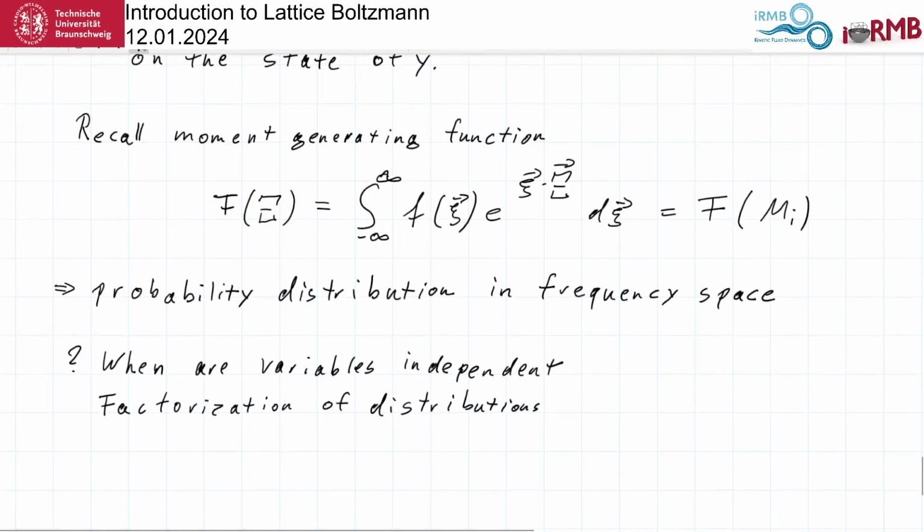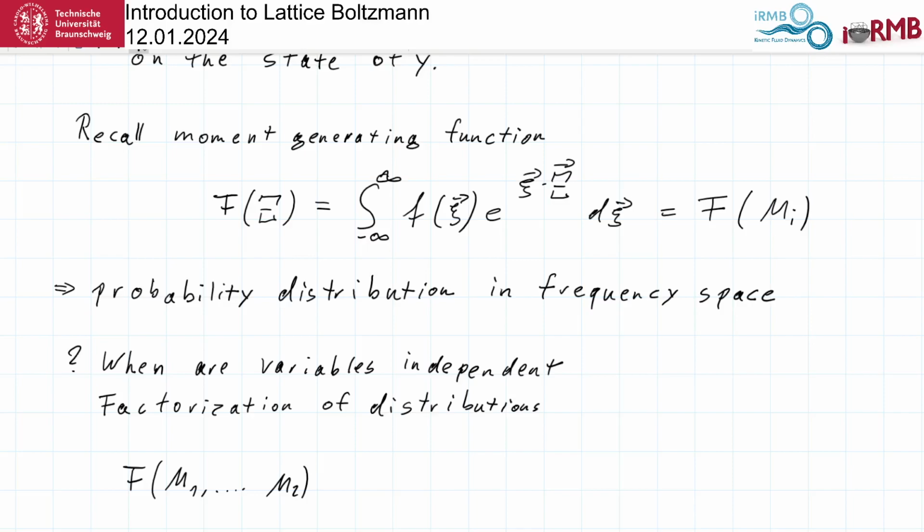Which means that the joint distribution, that's a function of m1 till mn, so all the moments, all the variables, are in here. For example, we can write f in terms of moments, obviously.